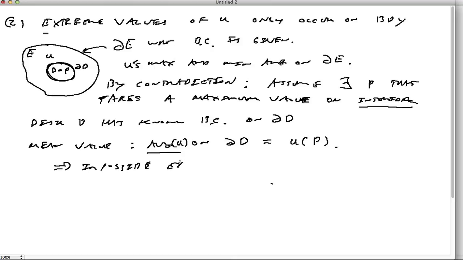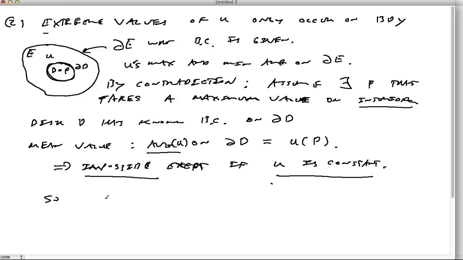Except if u is constant. But that's a silly case. We don't have to really consider that. So it's impossible in every non-trivial case.